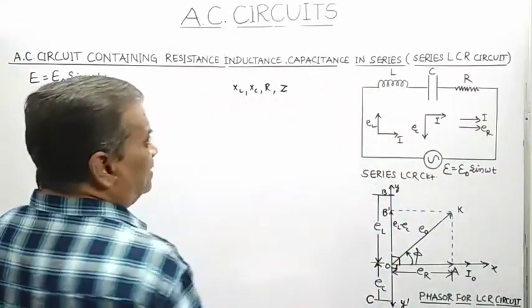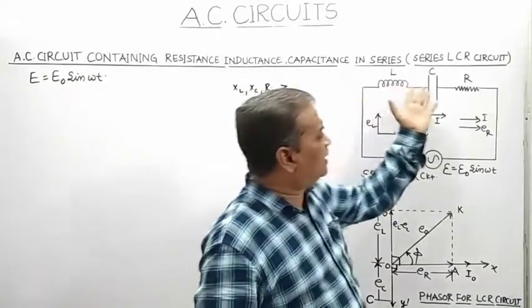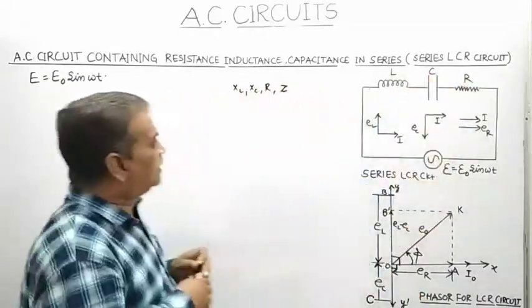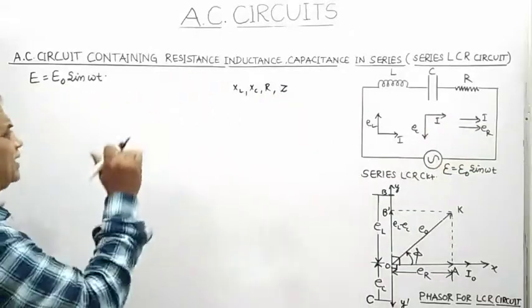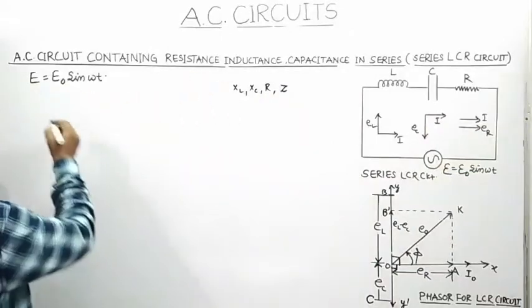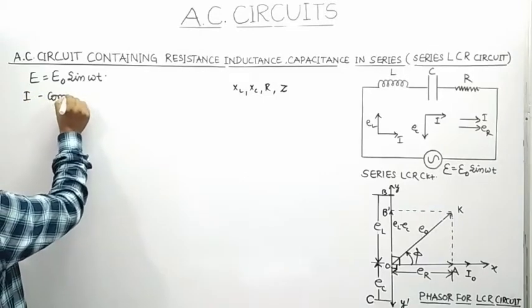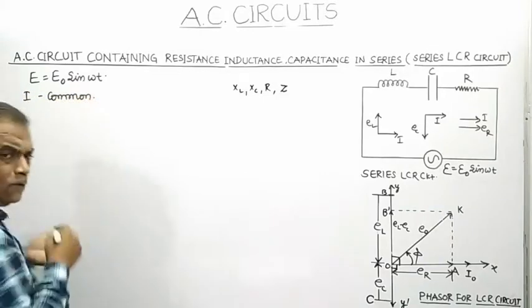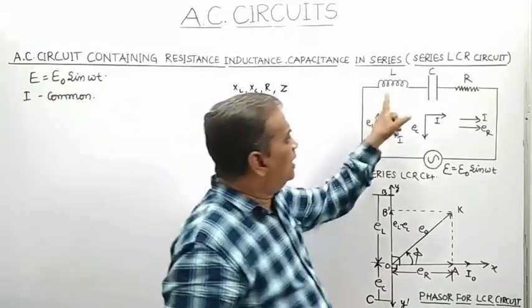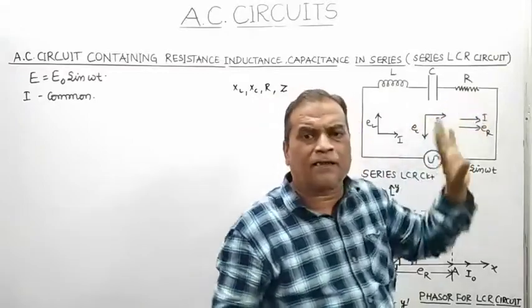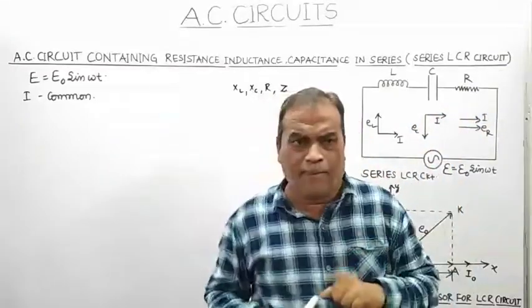And because the elements inductor, capacitor and resistor are all connected in series, we know that whenever elements are connected in series in any circuit, the current I flowing through the series combination of L, C and R is the same.